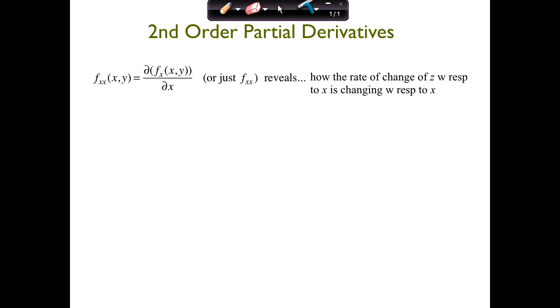What's the meaning of this? So, if it's how the rate of change of z is changing with respect to x, Jake started us off really good. Can anyone give it a shot? What is the meaning then of the second derivative with respect to x?